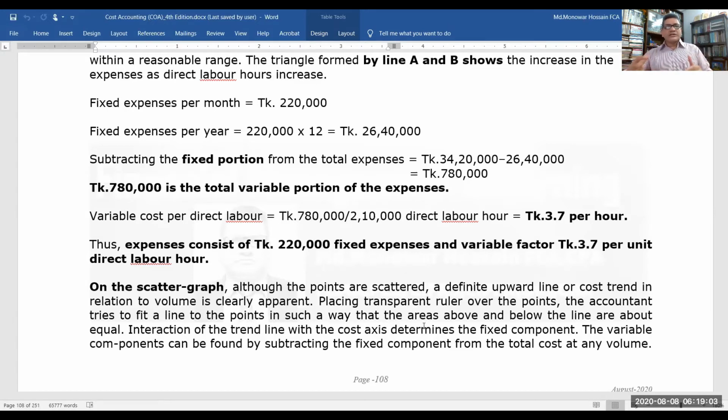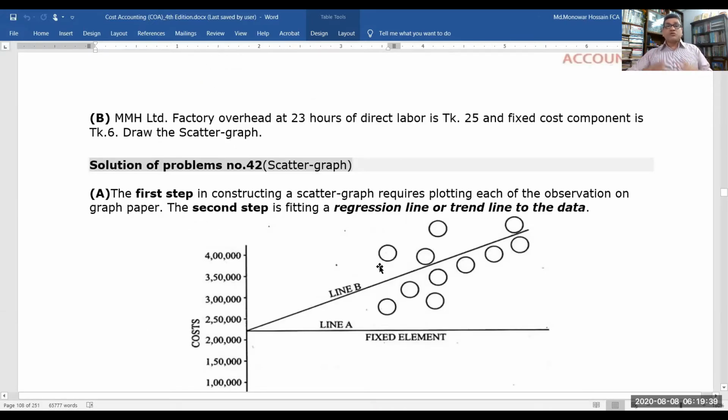On the scatter graph, although the points are scattered, a definite upward line or cost trend in relation to the volume is clearly apparent. Factory overhead at 23 hours of direct labor is taka 25, and the fixed cost component is taka 6. Draw the scatter graph.